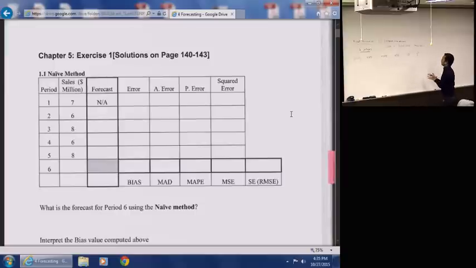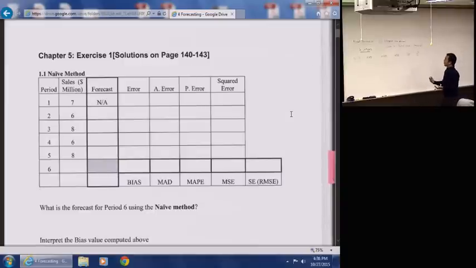For example, if you predicted that the sales is going to be 10, but the actual value is 12, the error is 2, because 12 minus 10 equals 2. If the prediction is 10 and the actual value is 8, then the error is negative 2. So there's the sign and there's the magnitude.